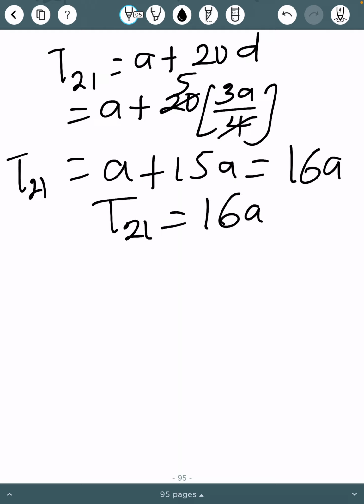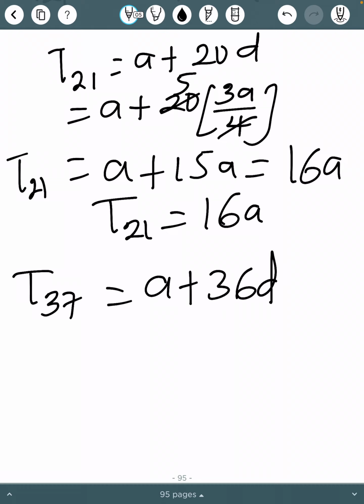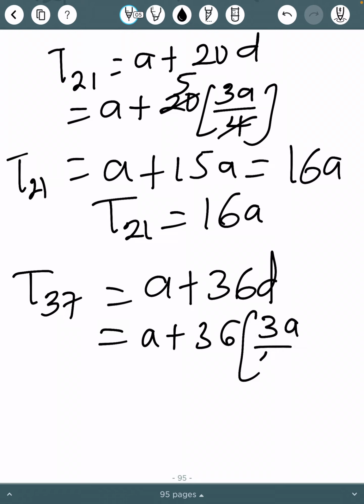Also, let me find T37. My T37, which is the 37th term of the AP, is a plus 36d. So that will give me a plus 36, open bracket, 3a over 4.